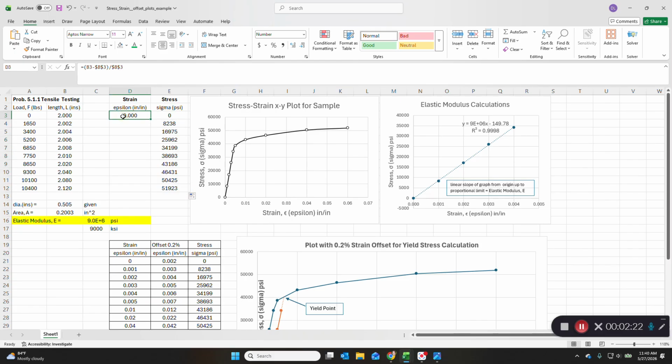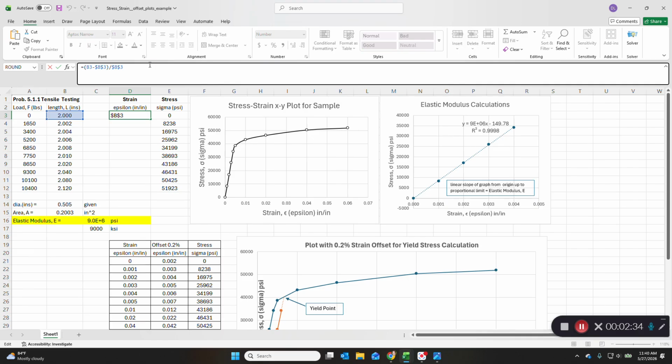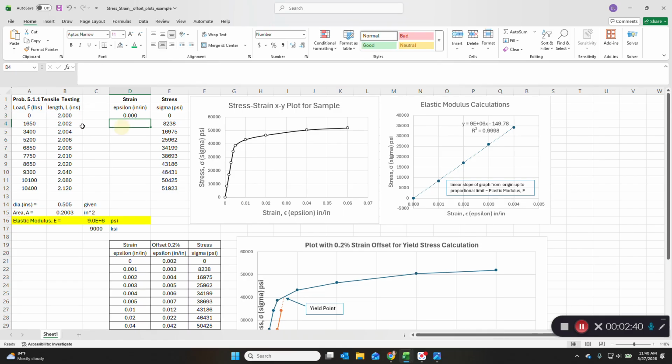For strain, it's simply the change in length, the new length minus the original length. So that's delta, which is lambda in some cases, divided by the original length. So that equation is just whatever the length is minus the original length divided by the original length. So that can be copied down the vector like so.